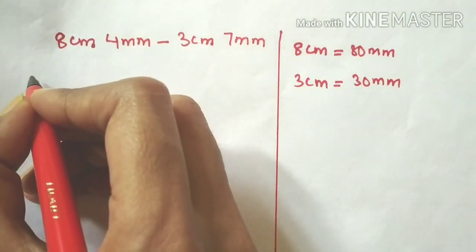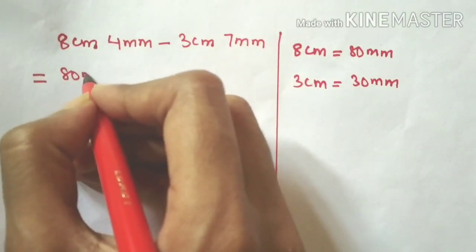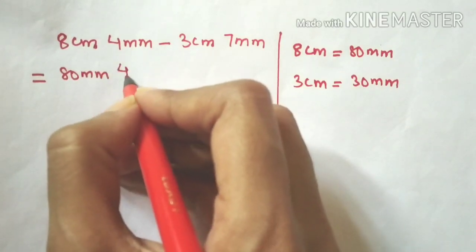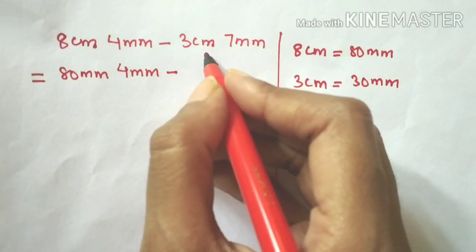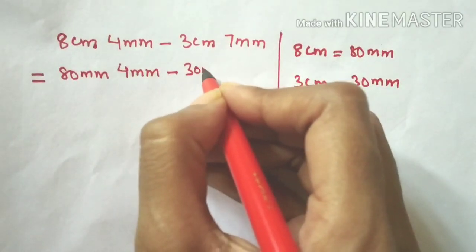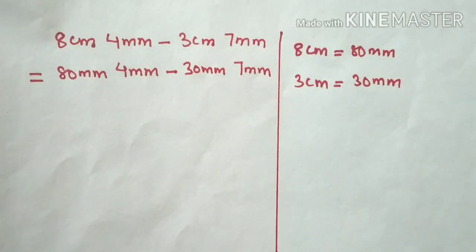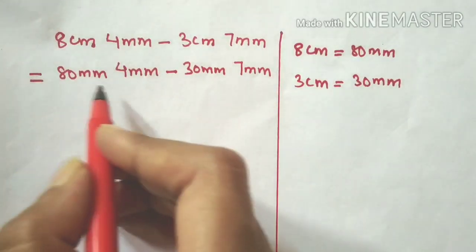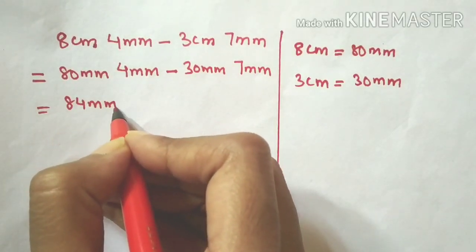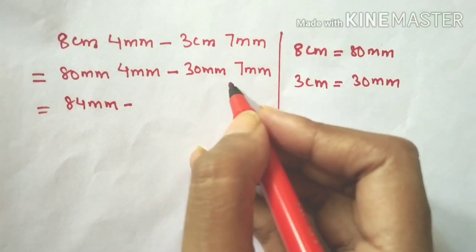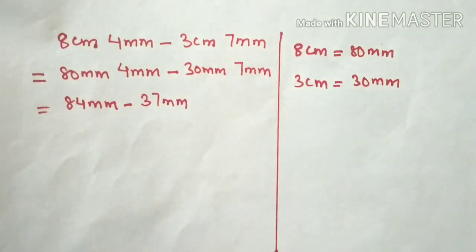Now in the next step, in place of 8 centimeters, we can write 80 millimeters and 4 millimeters will remain the same, and in place of 3 centimeters, we can write 30 millimeters and 7 millimeters will remain the same. 80 millimeters, 4 millimeters can be written as 84 millimeters, and 30 millimeters, 7 millimeters can be written as 37 millimeters.